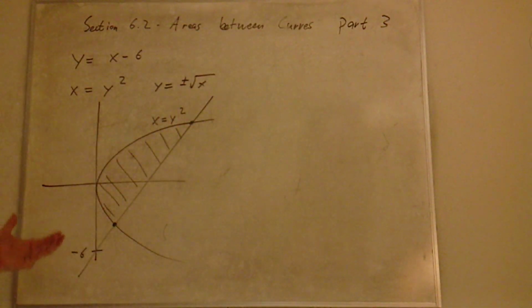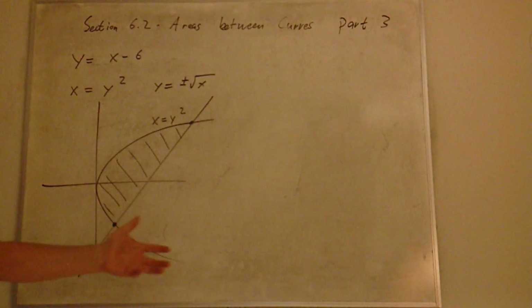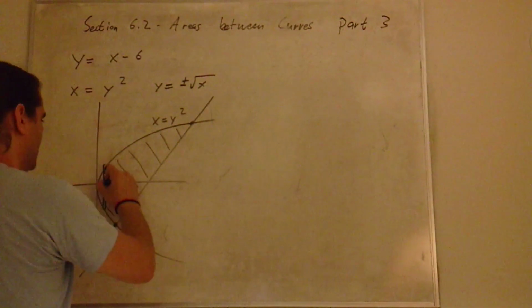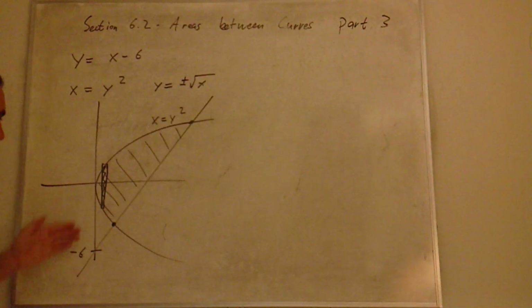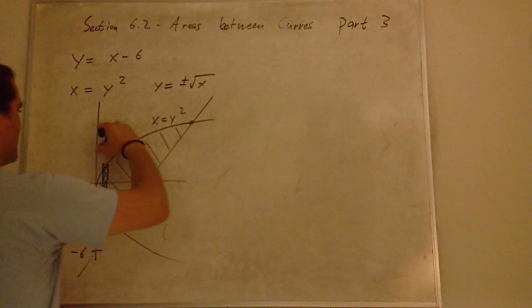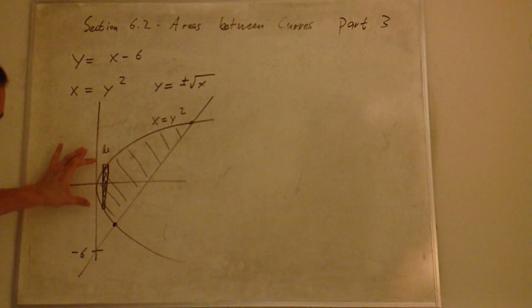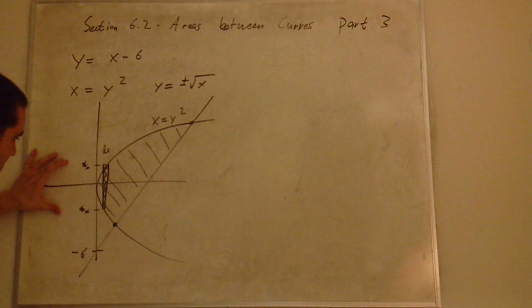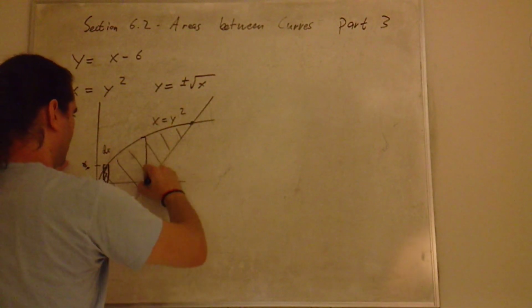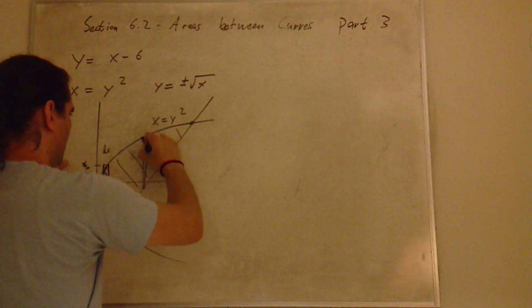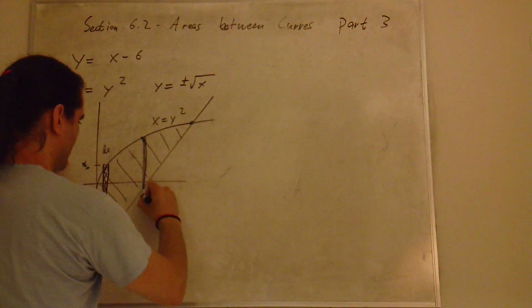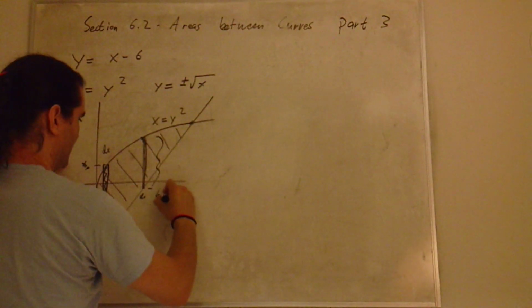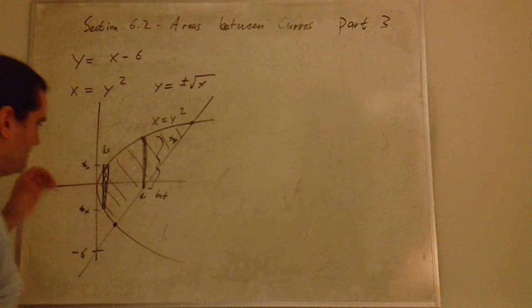If we want to do this in the same way that we've done all of the other problems, we would slice it up into little vertical rectangles like this, and we would find the area of these rectangles by looking at the difference. We would say that the width of this rectangle is dx, and the height of this rectangle is the difference between the bottom and the top function. And we would do other rectangles over here, and we would find the areas of these other rectangles whose width is dx and whose height is the difference between the top minus the bottom.